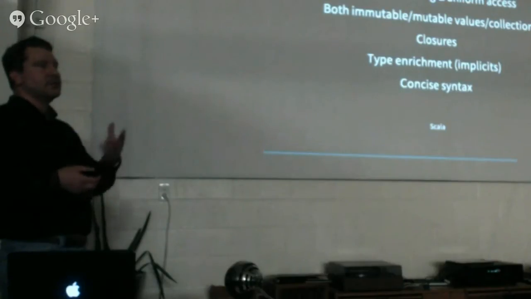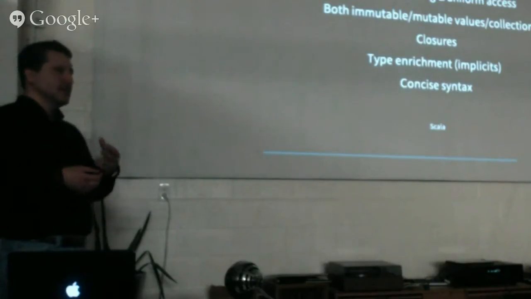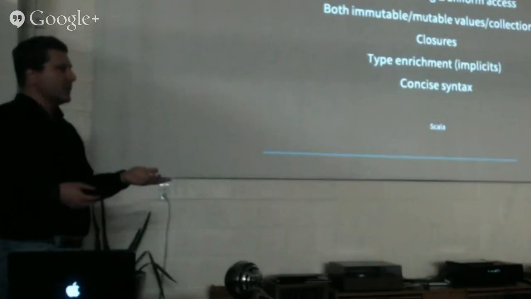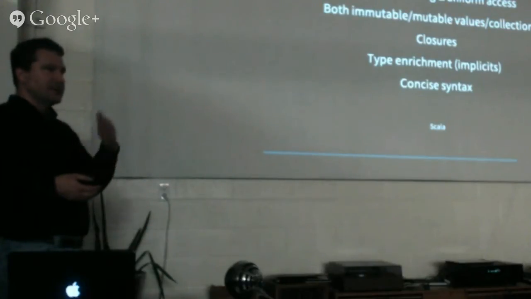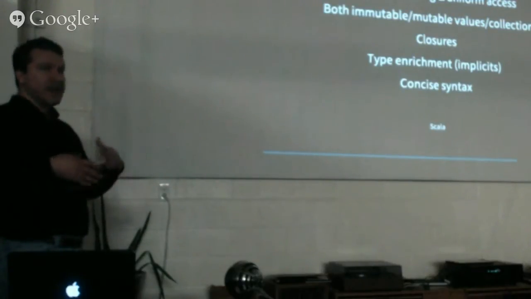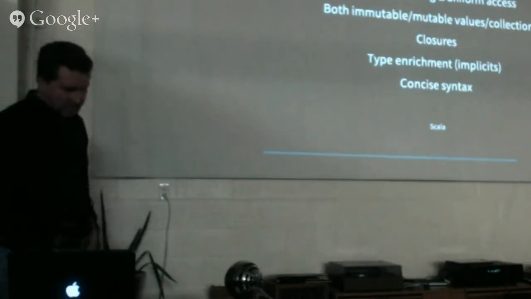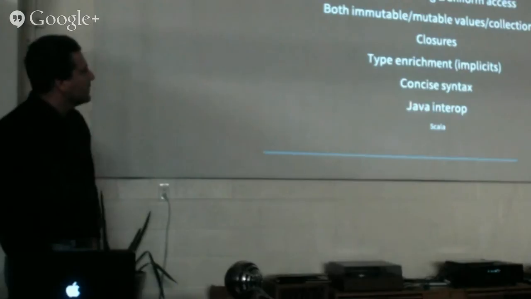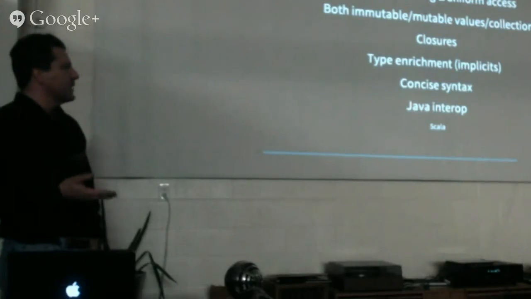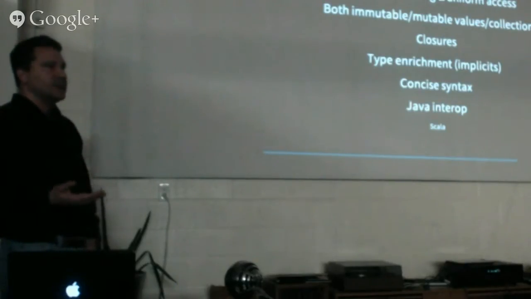So if you want to do something with a string, you can apply methods, and it might look like Ruby or something like that, but really it's strongly typed and not dynamic at runtime, though you can do similar things that look the same. Oh, and the last thing I want to mention is that because it's built on the JVM, it has access to the Java libraries, similar to what we mentioned with other languages.